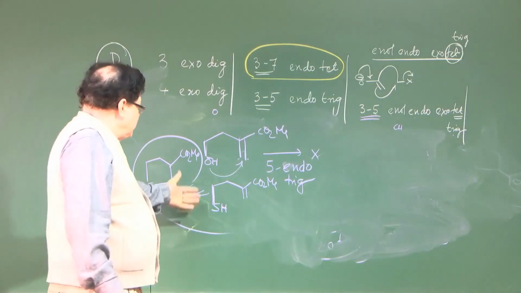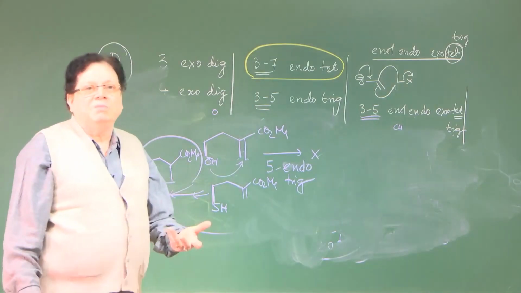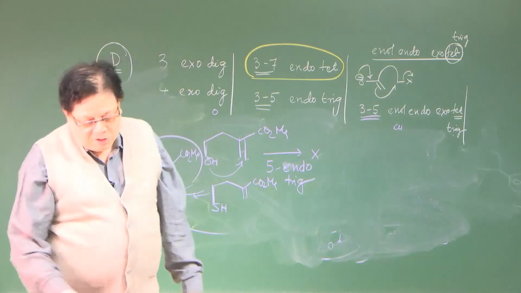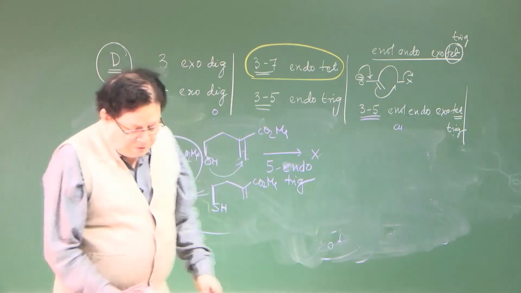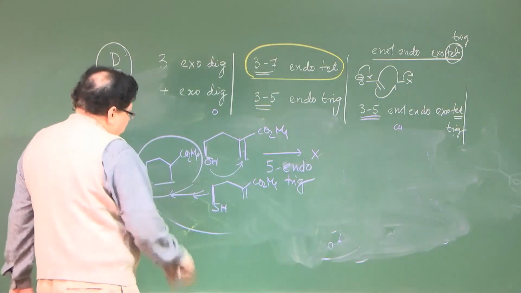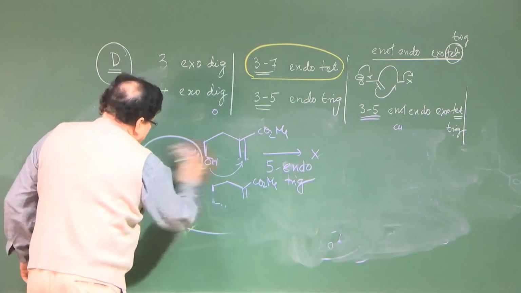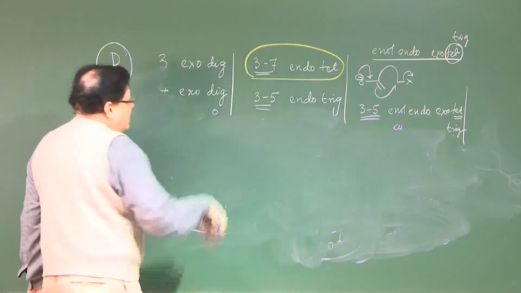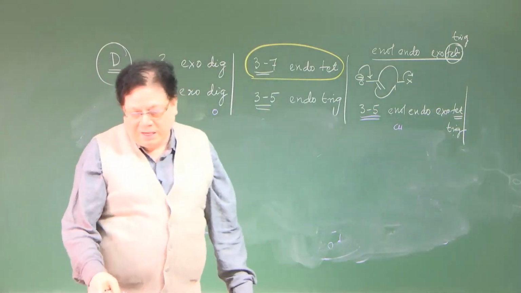Obviously, if sulfur is replaced by selenium, that reaction will definitely happen. Okay. So that is another important point to note regarding Baldwin's rule. So, this is applicable for the second row of elements, okay, second row.